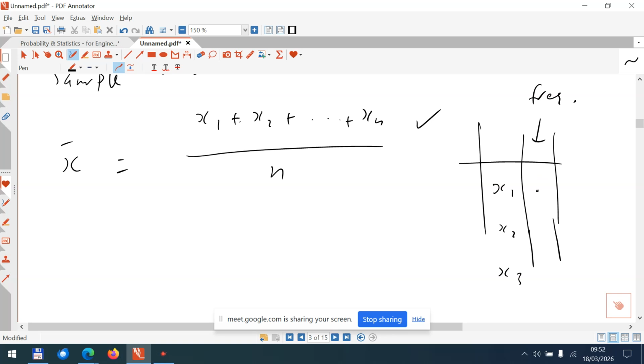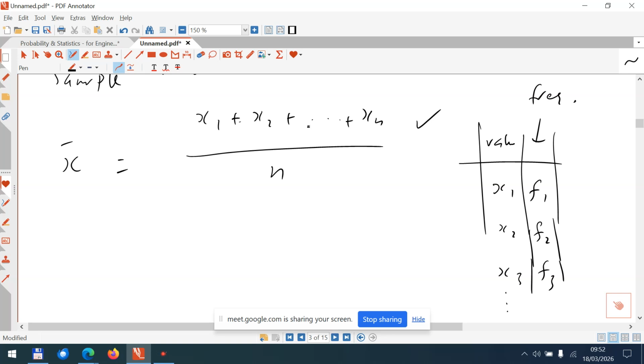So this x1 appears f1 times. This f1 is now the frequency. It's not the PDF or PMF. This x2 appears f2 times. This x3 appears f3 times, and so on.